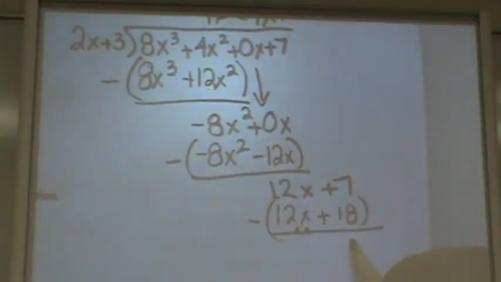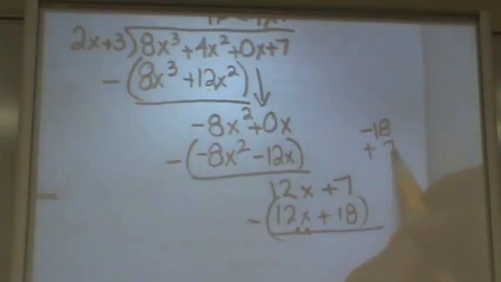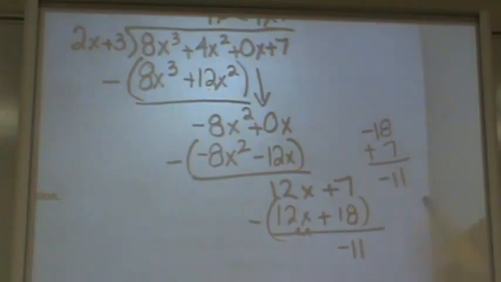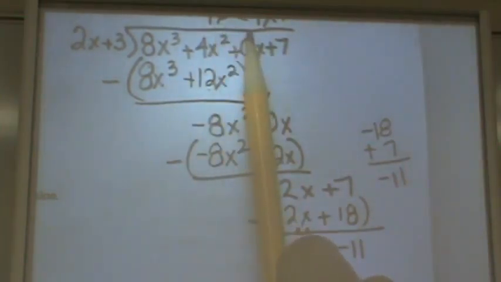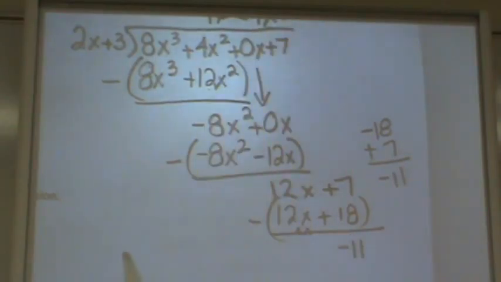I end up getting a negative 18 plus 7 is negative 11. So let's see, 4x squared minus 4x plus 6, but we have a remainder of negative 11.